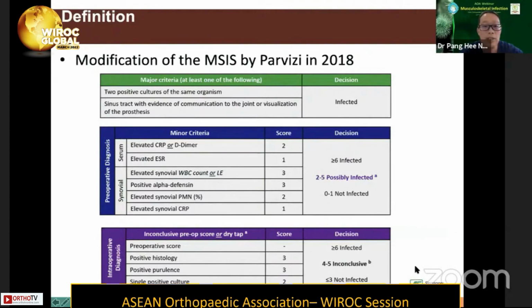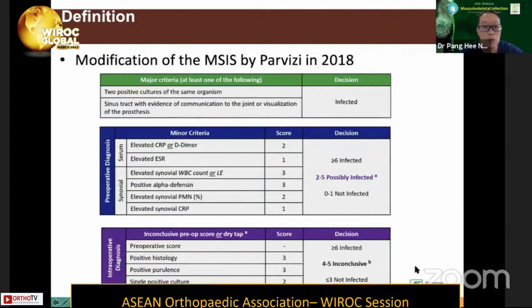So the important minor criteria are synovial cell count, leukocyte esterase, or alpha defensin Synovasure. If you don't have enough fluid from your aspirate, it is recommended that in addition to sending for cultures, you use the limited amount of fluid for synovial cell count or the Synovasure test kit, the alpha defensin.